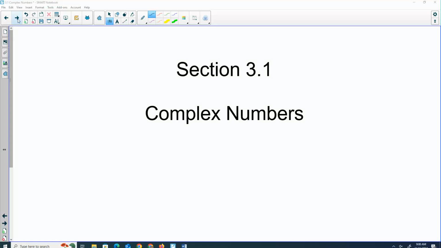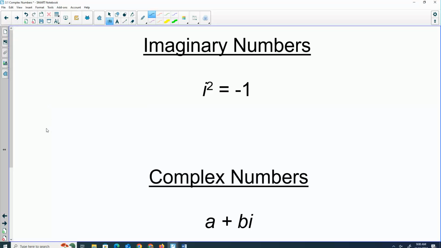Before we talk about complex numbers, we have to know about imaginary numbers. So remember, in an imaginary number, i squared is -1, which means i is the square root of -1. A complex number is just anything of the form a plus bi.